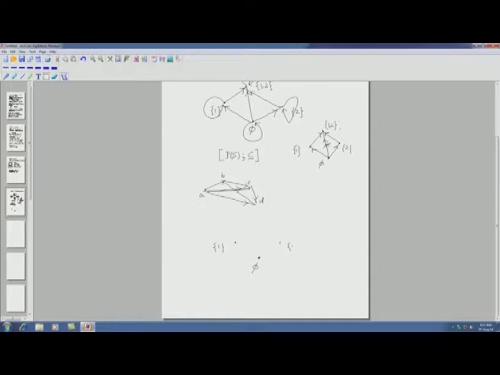Noting that there is no point in between phi and {1}, because we do not have any element such that phi is related to that element and that element is related to {1}. So, I write {1} and {2}, and of course {1,2} is not an element like that.